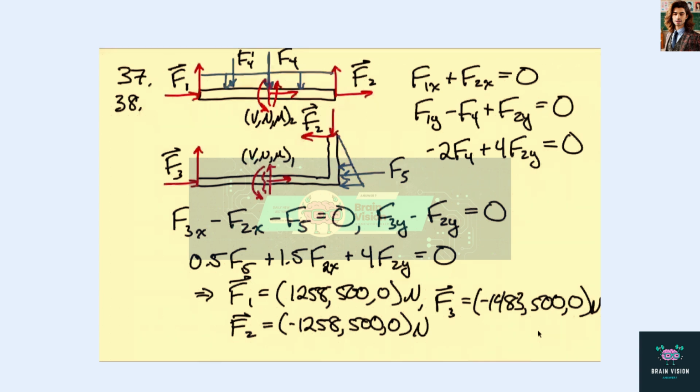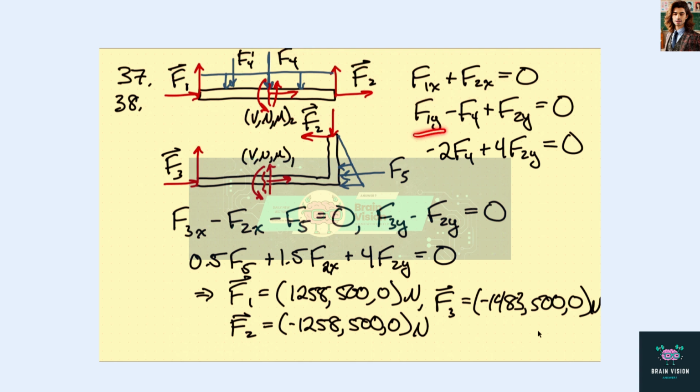If we break these two bars apart, we expose these internal forces here where they're pinned together, and then we detach them from the wall and expose the reaction forces from the pin joints where they're pinned to the wall. For this case, we have F1x plus F2x equals 0.